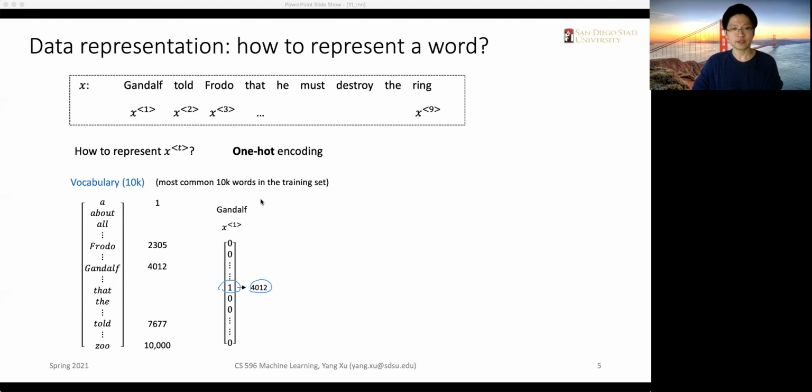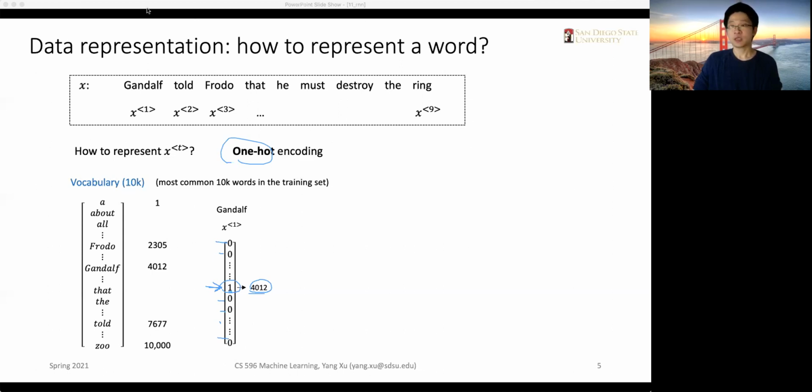The length of the vector is 10,000. So there's only that 1 at this position, and all the other 9,999 elements are 0. That's where the name comes from, one-hot. There's only one place that is a non-zero value, and all the others are zeros. And the length of it is 10,000.